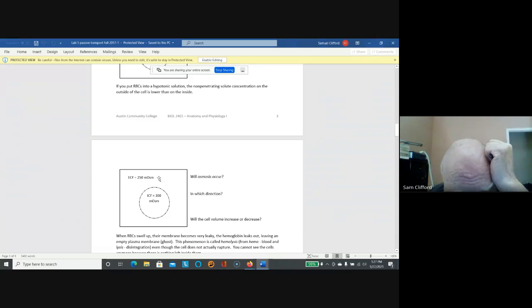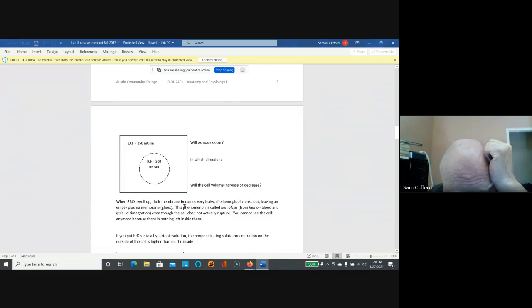So if this were a sugar solution of 250, water would move into the cell and cause the cell to swell and break. Hemoglobin would leak out and you'd have a ghost.